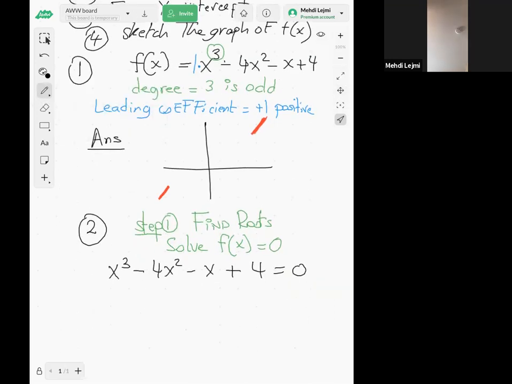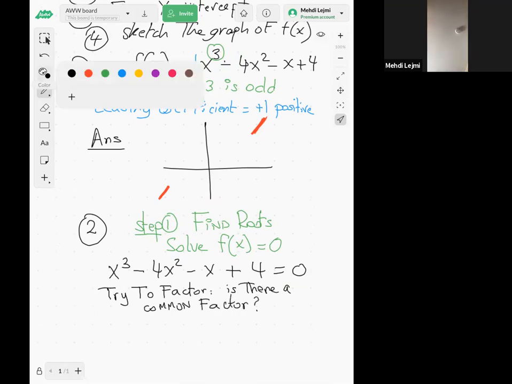Now next we have to try to factor f of x. And so the question is, is there a common factor? Well, as you can see here, there's no common factor because there's an x in here, x in here, x in here, but there's no x here, right? At 4, it's just 4 by itself, so there's no x there. So there's no common factor, actually.